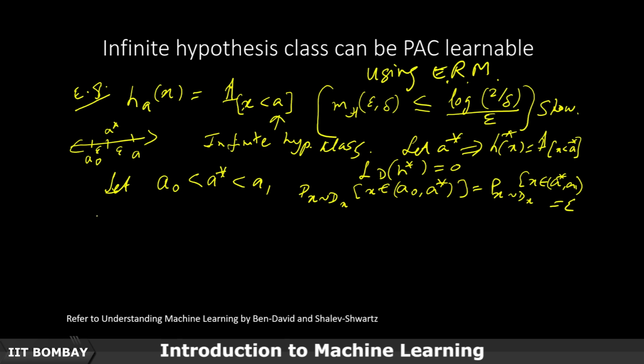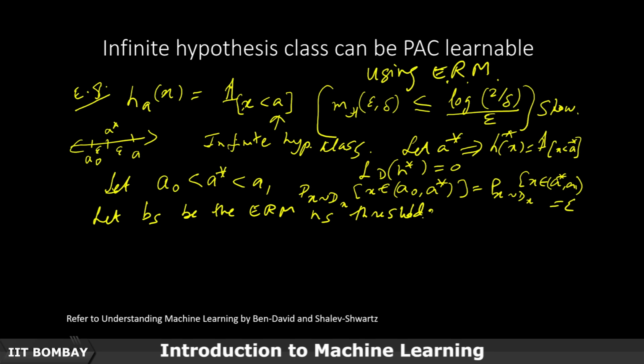Now let h_S, for the training set S, be the ERM threshold, which means that it gives us the best performance on the training set. It gives us zero loss on the training set.